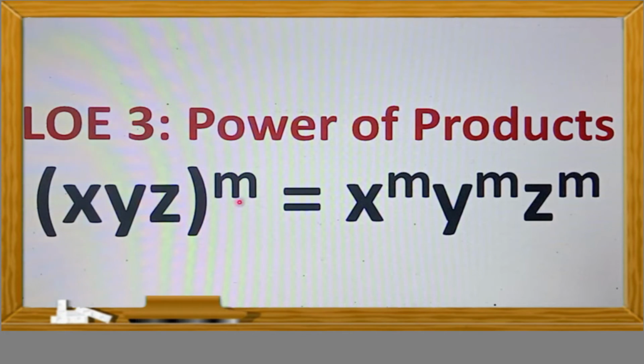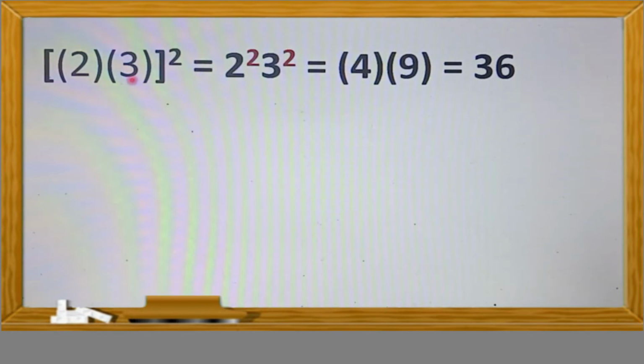So we just distribute the exponent to each factor inside the parenthesis. Another example: 2 times 3 raised to 2 is equal to 2 raised to 2, 3 raised to 2, which is equal to 4 times 9 equals 36.